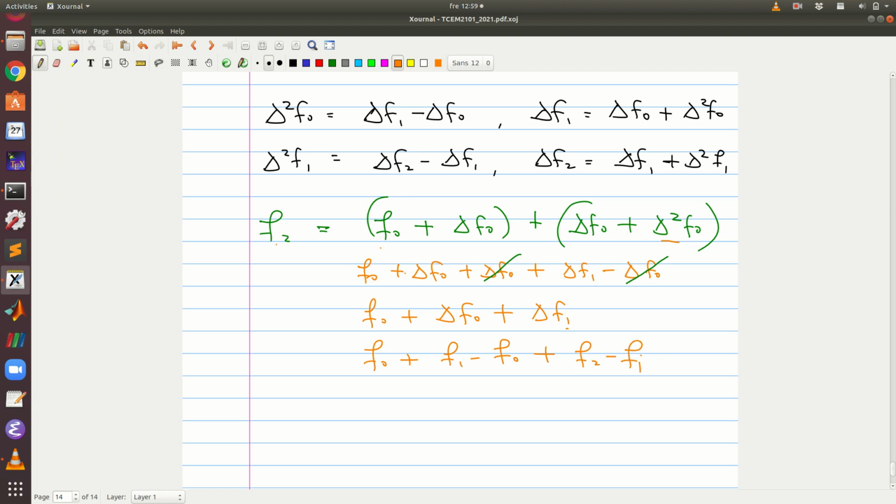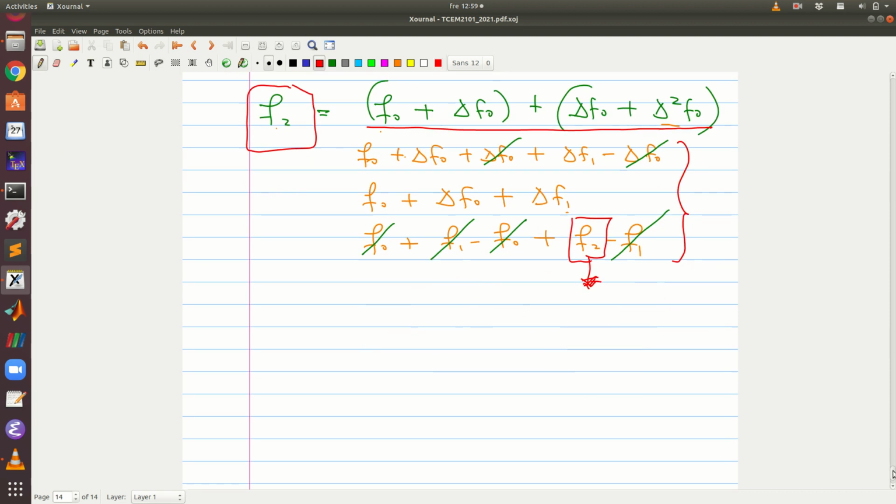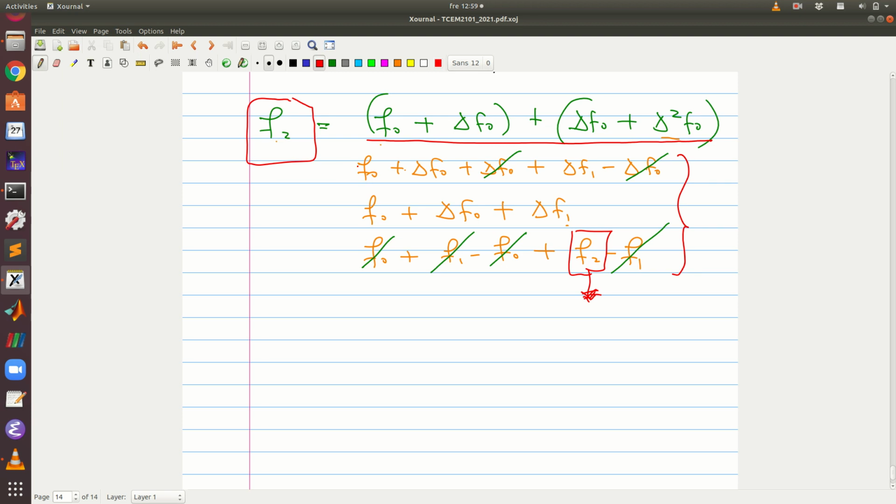We see other terms which also cancel out here. f1 cancels f1, and f0 cancels f0, and therefore we have f2 equal to f2. So that means this whole expression, if we expand it, reduces to f2, the value of our function at x2.